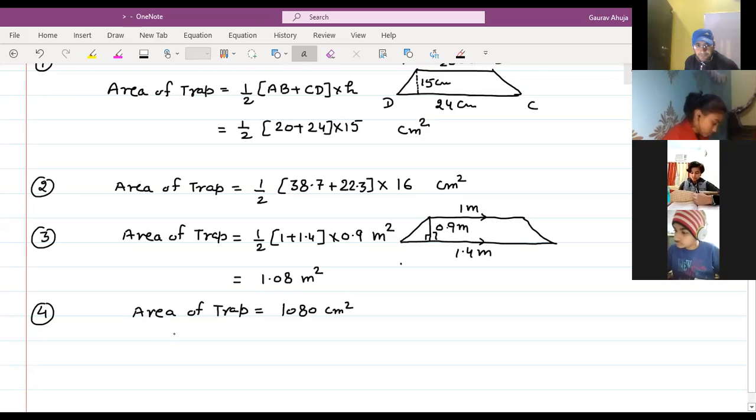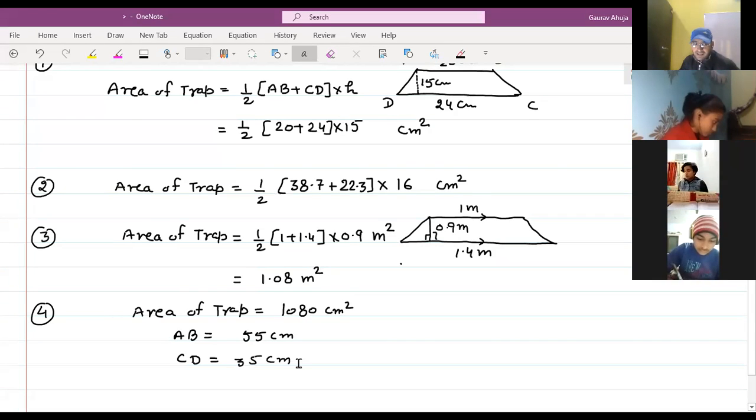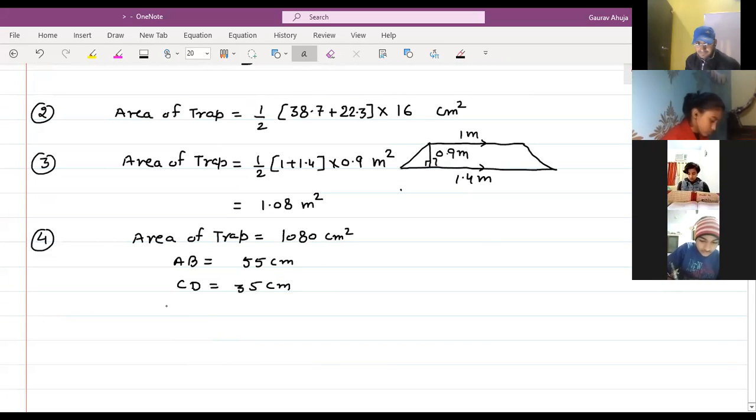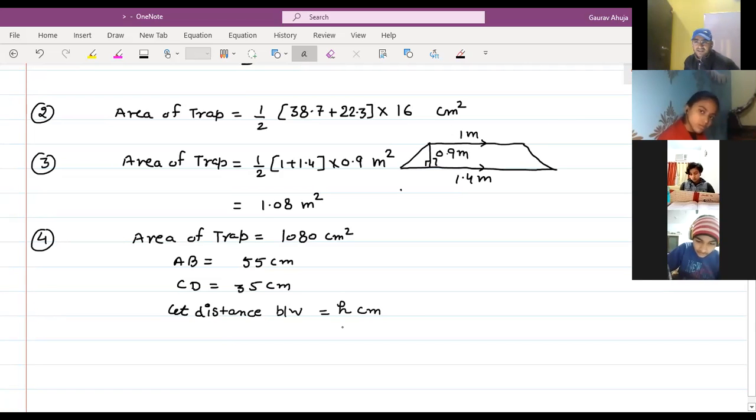Let's say AB, and if you are drawing the diagram, then AB is equal to 55 centimeter, and just opposite to AB we will have CD, that is 35. And we have to find the perpendicular distance between these two parallel lines. Let the distance between these two parallel lines be H, or you can assume X, whatever you like.